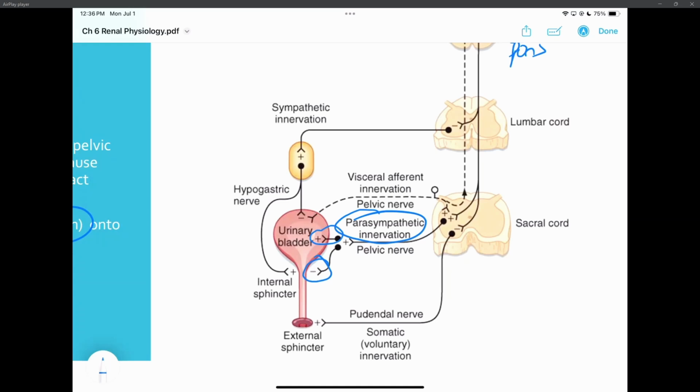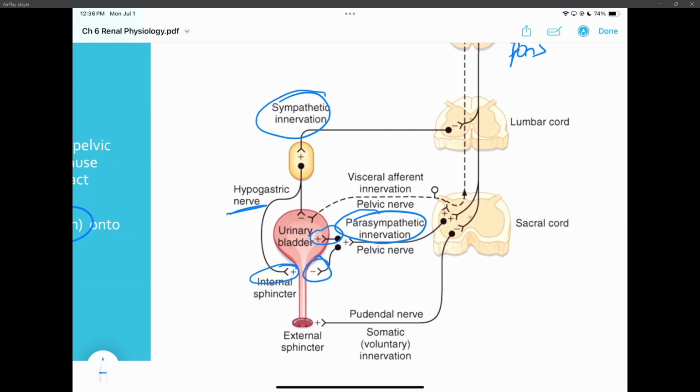So the parasympathetic controls the detrusor muscle, and it also has input into the internal sphincter. The internal sphincter is also under control through the hypogastric nerve, your sympathetic innervation. So your internal sphincter has two innervations, sympathetic and parasympathetic, to control that internal sphincter.